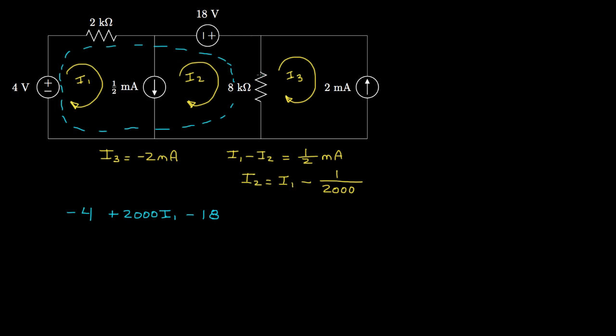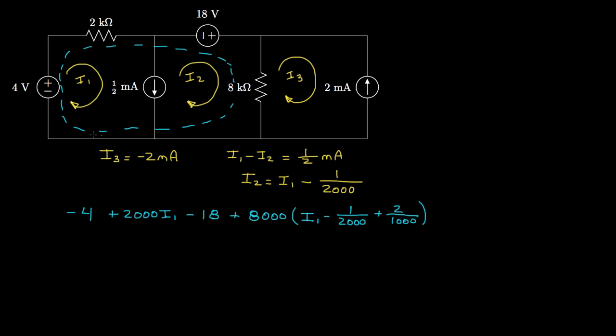Then we'll drop across an 8,000 ohm resistor, and that would be 8,000 times I2 minus I3. Well, I2 is I1 minus 1 over 2,000. But I3 is minus 2 milliamps, so minus minus 2 milliamps, we write that as plus 2 over 1,000. That's our 2 milliamps.